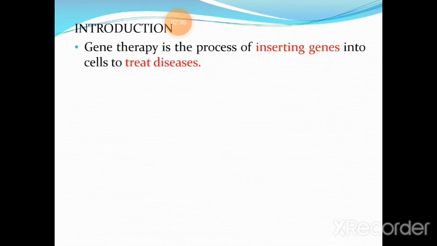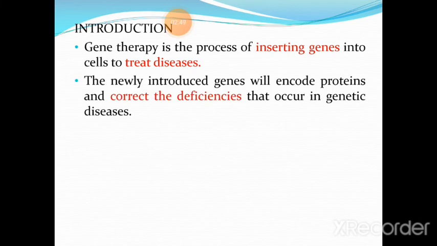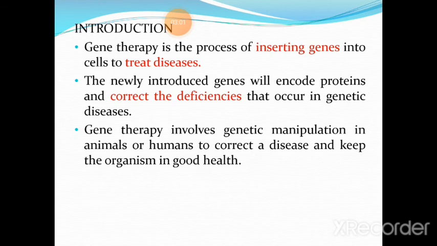Now, gene therapy is the process of inserting genes into the cells to treat the diseases. The newly introduced genes will encode functional proteins and therefore correct the deficiencies that occur in the genetic disease.